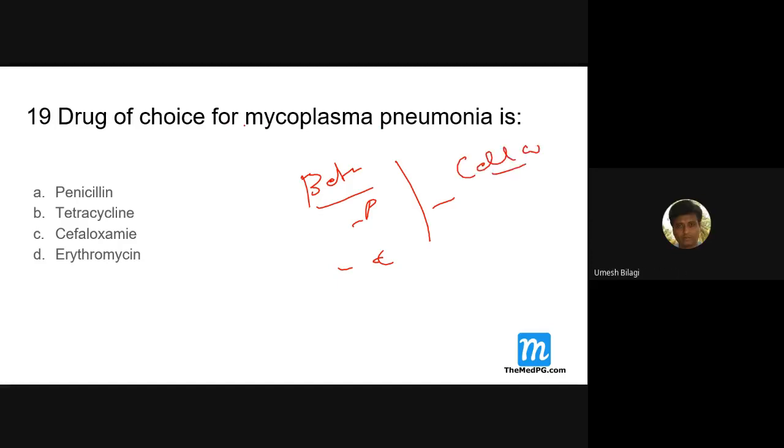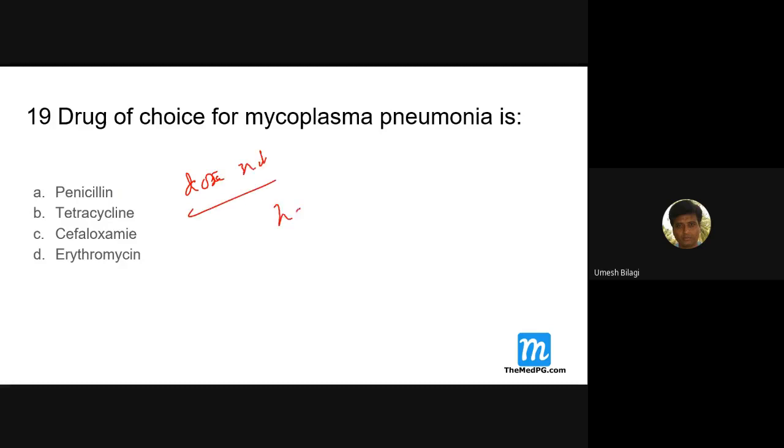This Mycoplasma pneumonia, although it is a bacteria, does not have a cell wall. So beta-lactams are useless here, because they are dependent on the cell wall. This organism doesn't have a cell wall, so they're useless. So the better answer will be erythromycin.